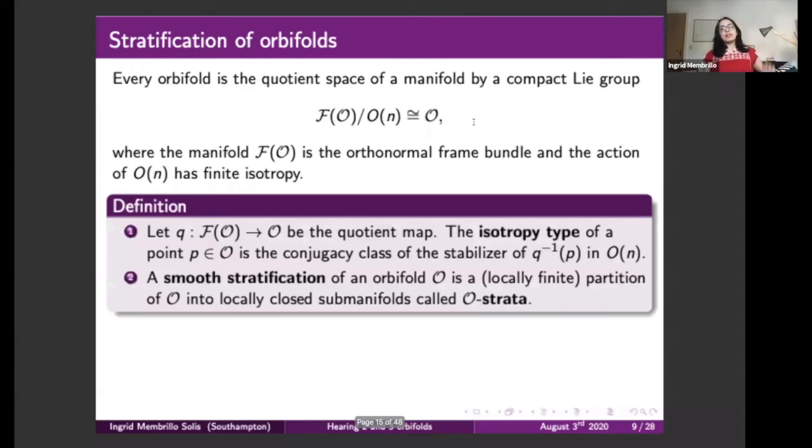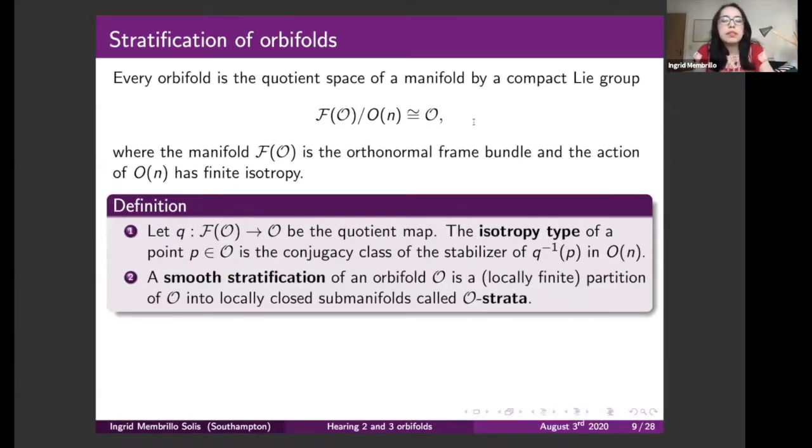So this way to think about orbifolds is nice because this will allow us to stratify our orbifolds using the isotropy at the points in the orbifold charts. So here, if Q is a quotient map, then the isotropy type of a point P in the orbifold is just the conjugacy class of the stabilizer of the point P in the pre-image of this point in U tilde.